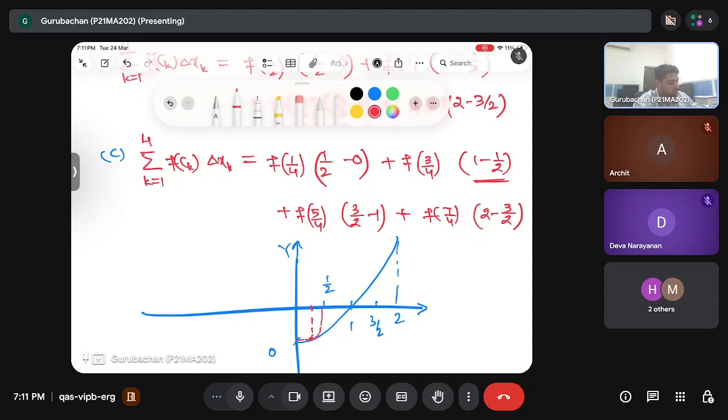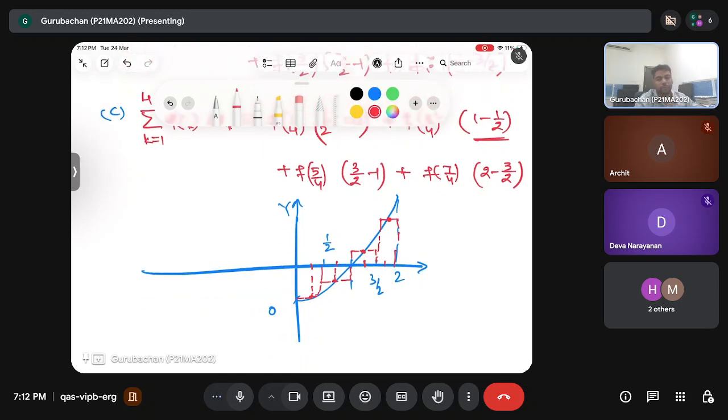While you talk about the next midpoint, this point will be like this, and the rectangle will be like this. Similarly, from 1 to 3 by 2, the midpoint will be here, so the rectangle will be formed like this. In the same way, the midpoint gives you the functional value like this. Is it clearly visible to everybody? Or if you have any doubt, you can ask.